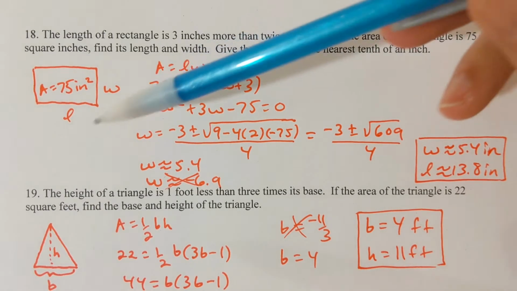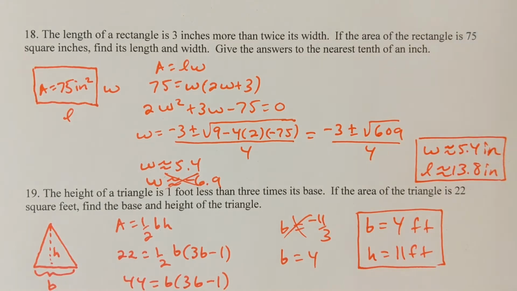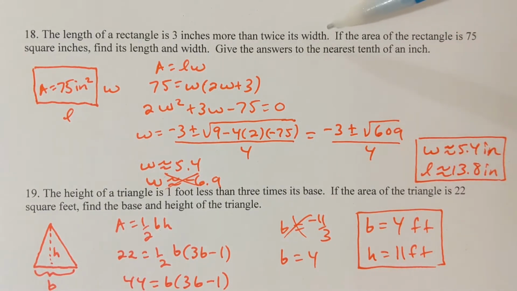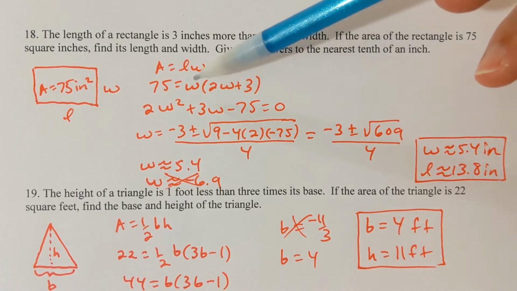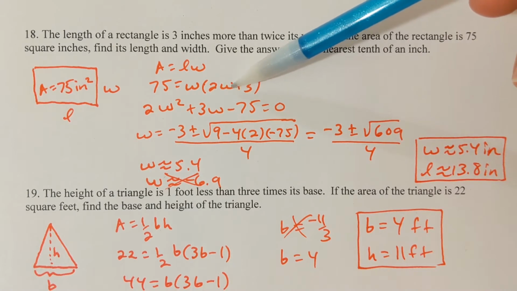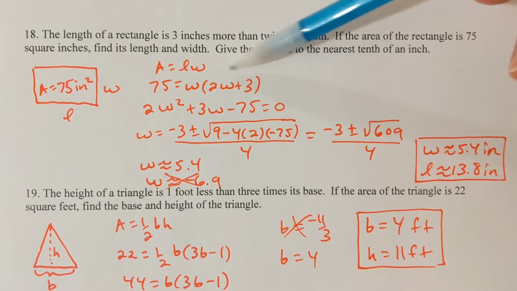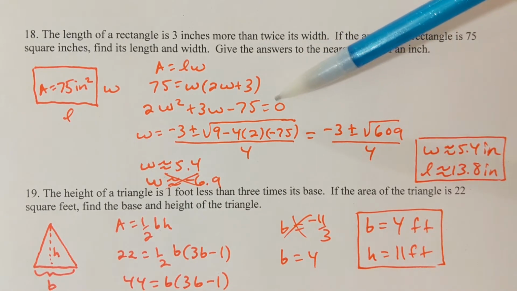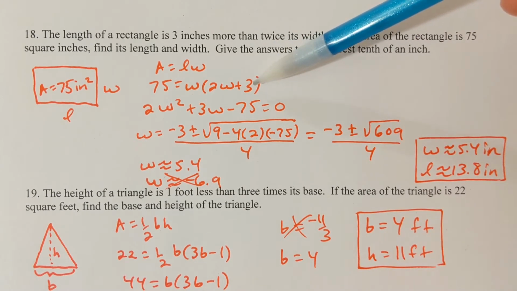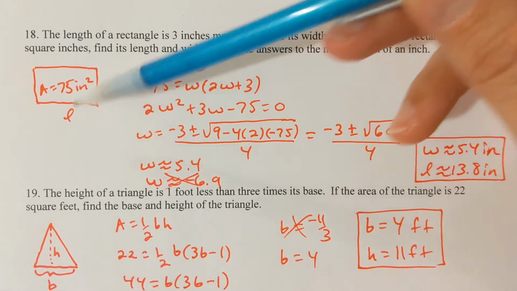Now, we don't know L and W. That's what we're supposed to find here. But it says the length of the rectangle is 3 inches more than twice the width. Okay, so whatever the width is, the length, L, is going to be twice that, but then 3 inches more than twice that. Okay, or 2W plus 3 would be the expression representing the length there.